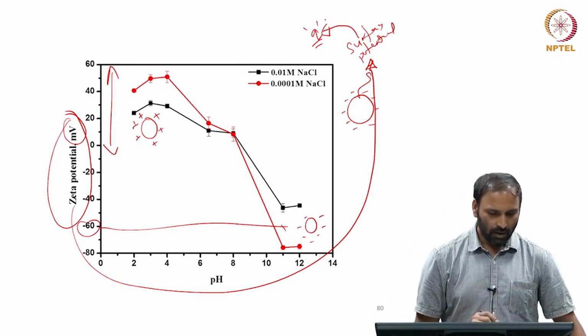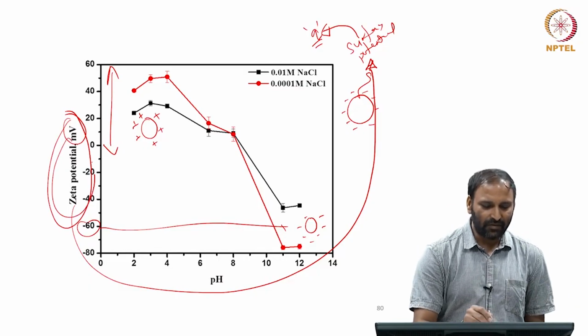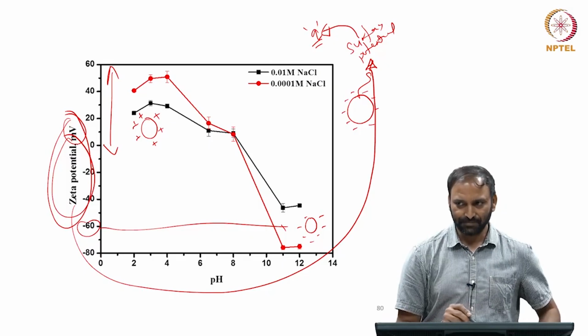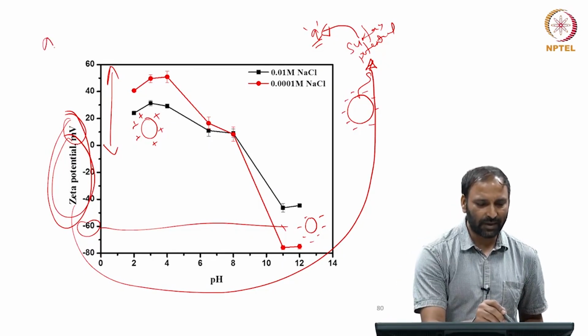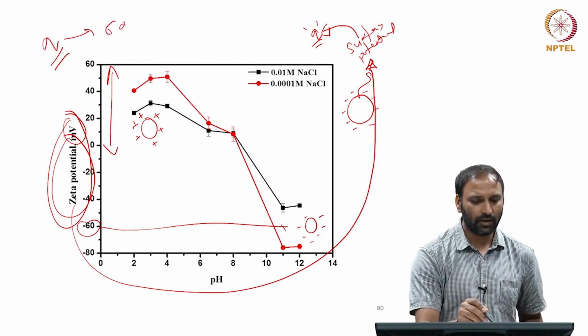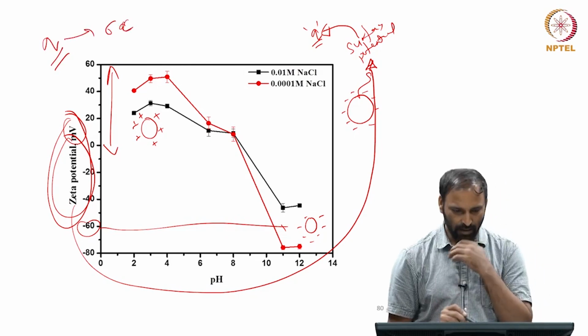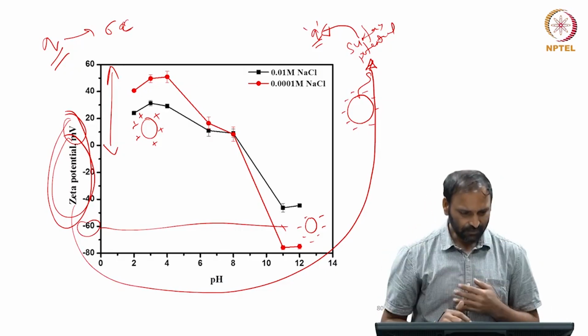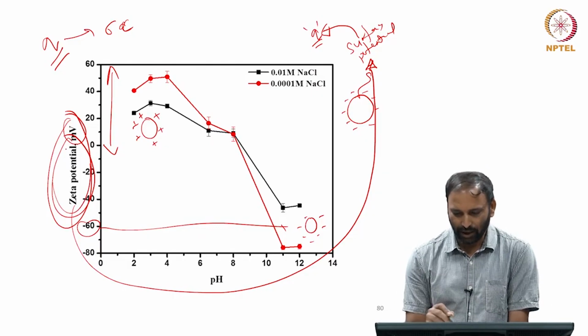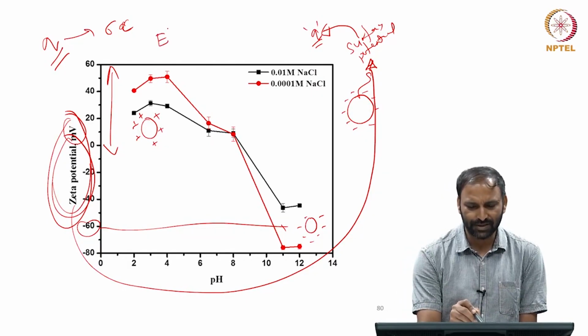Now, there are methods by which I can measure the surface potential, or the zeta potential, and from that there are ways by which I can get q, and once I have q I can get the charge density. Typically, this zeta potential is measured by a technique called electrokinetics.